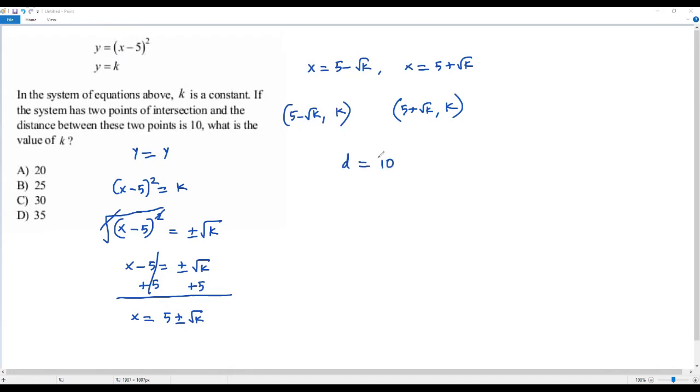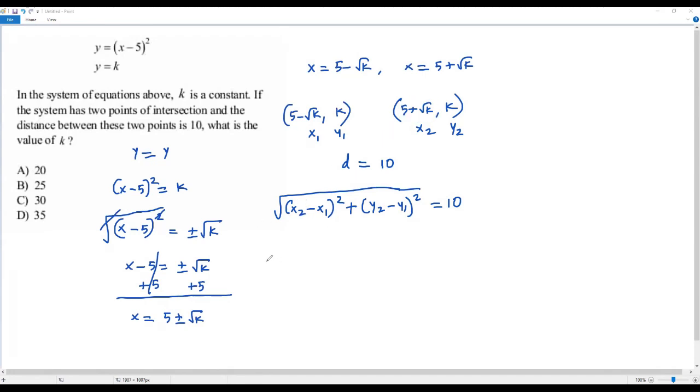Whenever we have 2 points, there is a formula to get the distance. That is the square root of (x2 − x1) the whole square plus (y2 − y1) the whole square equals 10. Here we can consider the first point as (x1, y1) and the second point as (x2, y2). The value of x2 is 5 plus square root of k, that we can plug in for x2.